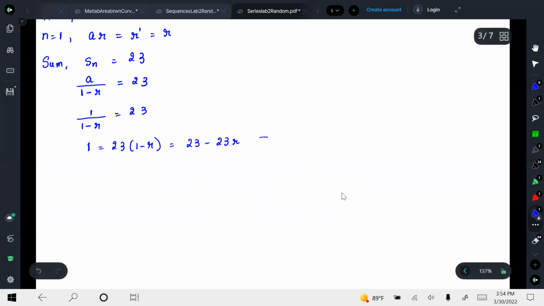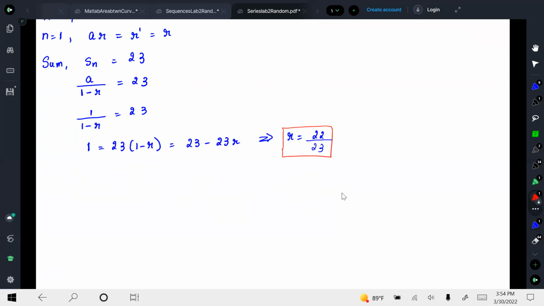Okay, now when you solve for r, it will be equal to 22 by 23. If you want me to explain in much more detail, let me know. So r is a constant of the series that is equal to 22 by 23.